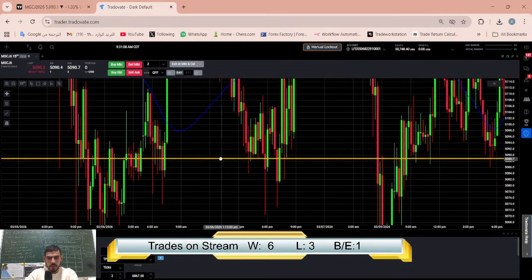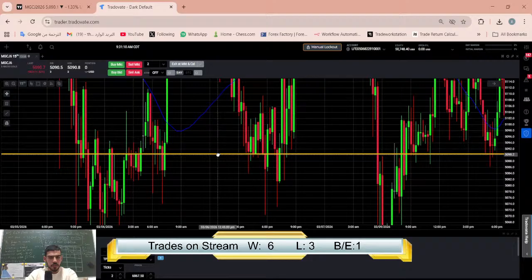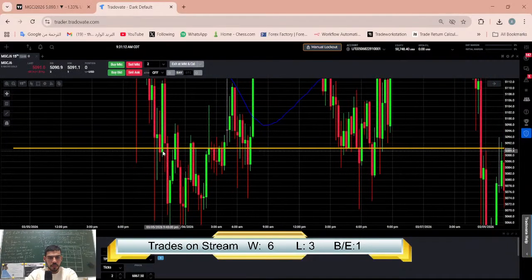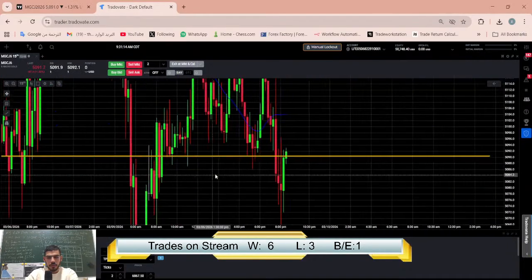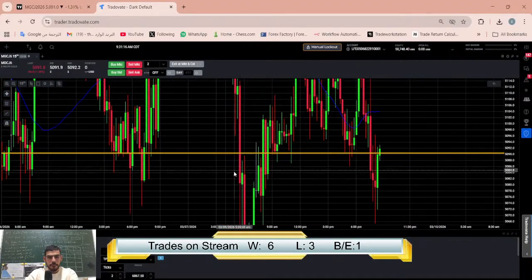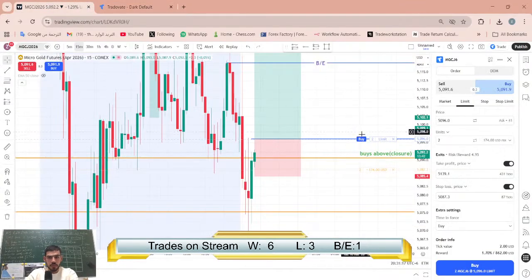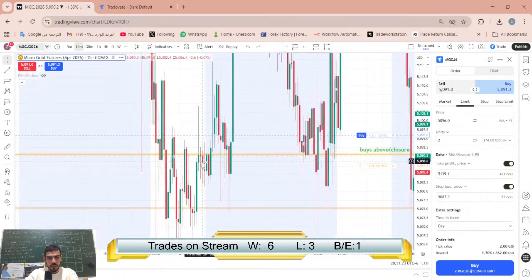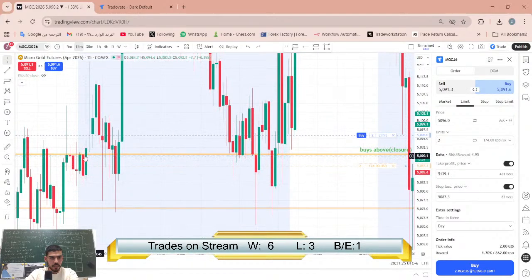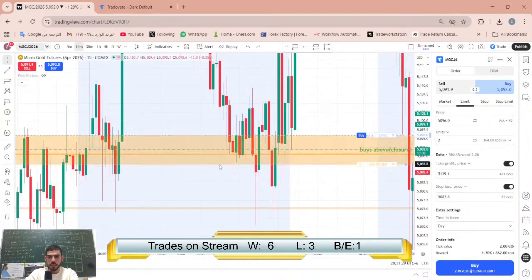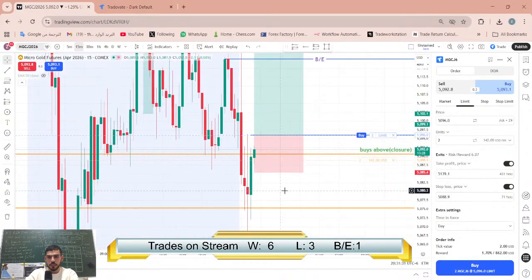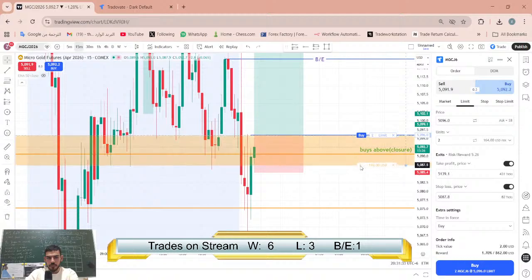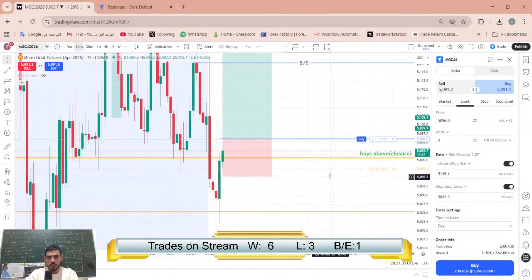Make sure this line is accurate because this will be crucial. Yeah, I think it's good right here because as you can see, when price closed below previously, it moved to the downside, it didn't move up. So yeah, I don't think I'm going to enter this.